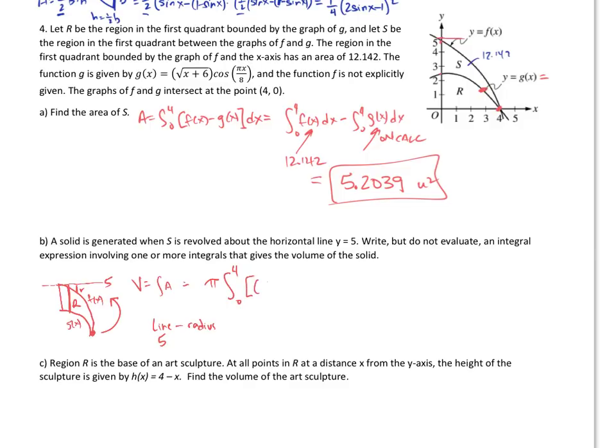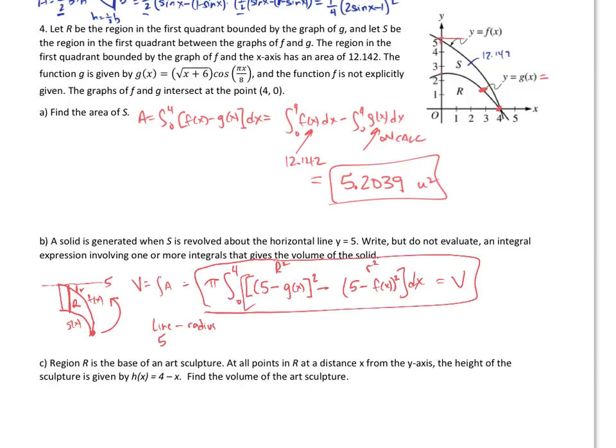So we will say this is going to be 5 minus g of x squared, that's our big R squared, and then our little r is going to be 5 minus f of x, and we'll square that out, that's our little r squared dx. And that's it. That is our volume, because we've got the big R and little r.